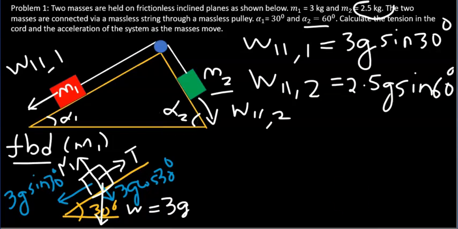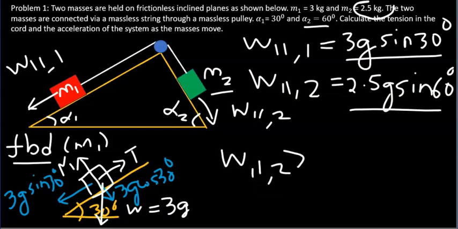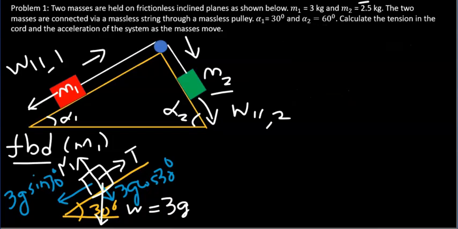Now obviously the component of weight parallel to the plane of m2 is greater than the component of weight parallel to the plane of m1. So W parallel 2 is greater than W parallel 1. So that means the entire system will move that way, and that is also the direction of acceleration. So back to the free body diagram of m1, the acceleration must be labeled in that direction.